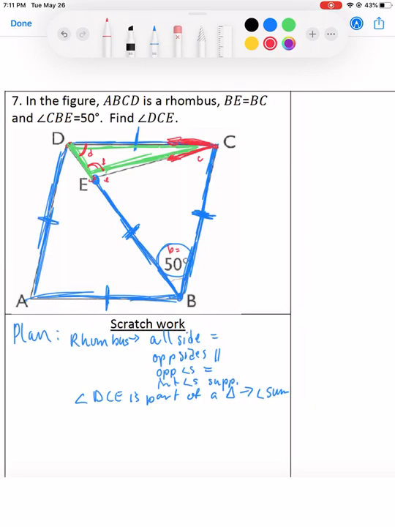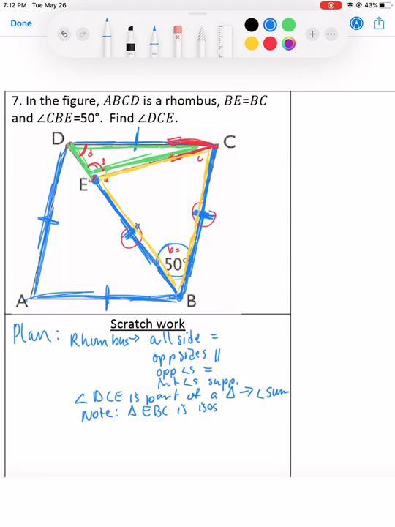Because we have a rhombus here, or because we are labeling sides here, we do note that this side is equal to that side. So that means this yellow triangle is isosceles. I'm going to fill in this yellow triangle here. Okay, so we're going to note triangle EBC is isosceles.